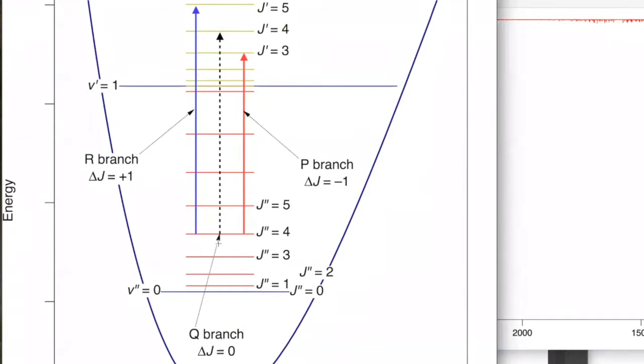We're not allowed to do delta J equals 0, but we could do delta J equals -1. So if we started in 4, we end in 3. Or we could do delta J +1. If we start in 4, we end in 5. All right. The shorter arrows are going to correspond to the low energy side, the P branch. The longer arrows, the high energy side, the R branch.